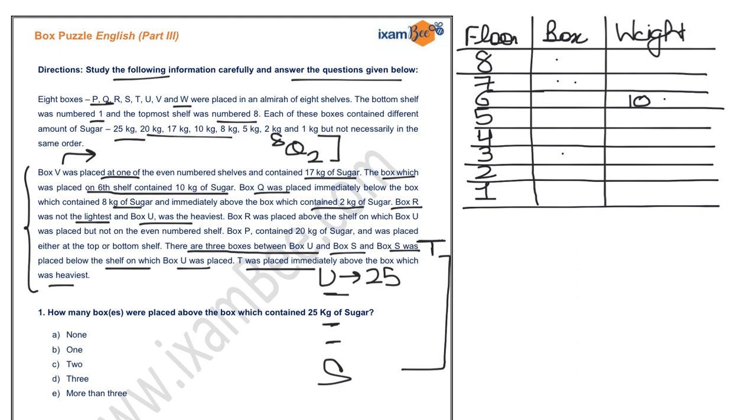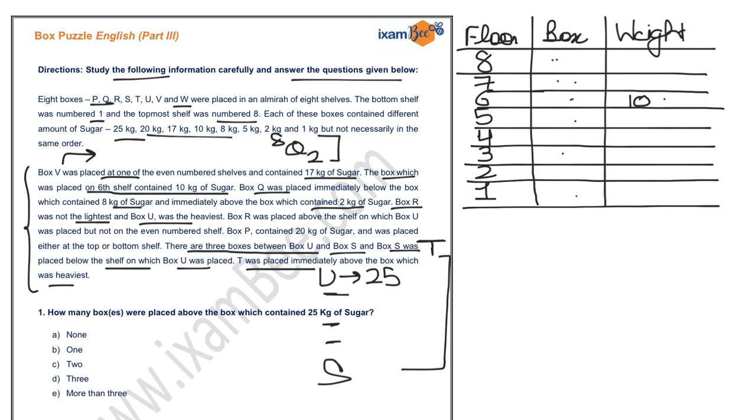So you can place T over here, that is at the 6th position. If you place T at the 6th position, then U must be at the 5th position, right? And accordingly S would be at the first position. So there would be two cases: either you place T at the 8th position or you place T at the 6th position.